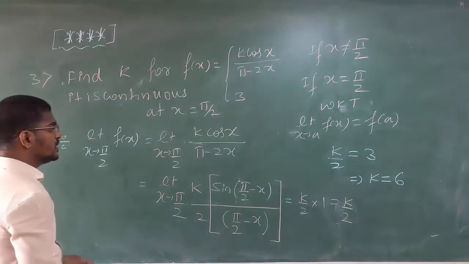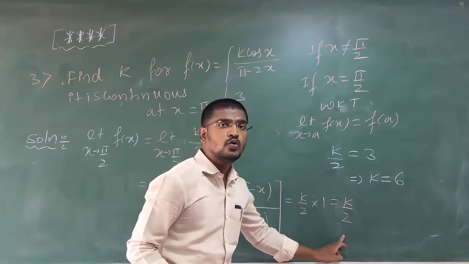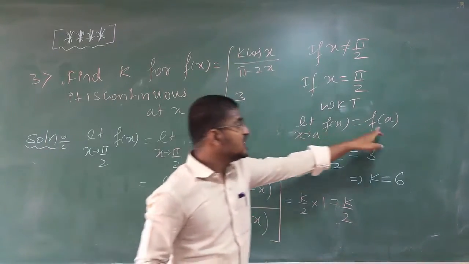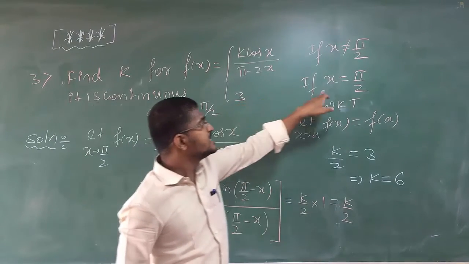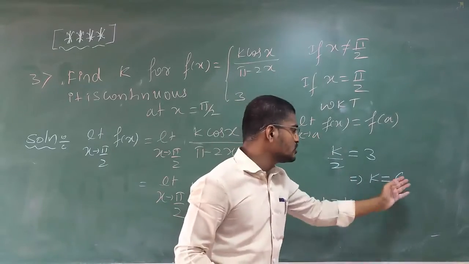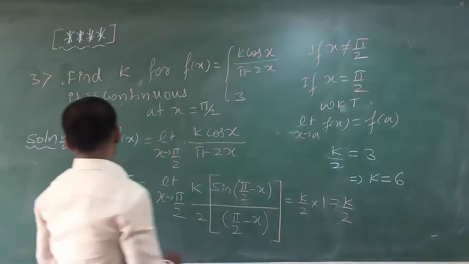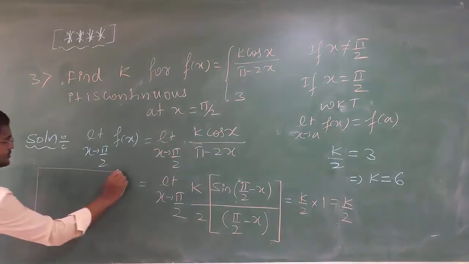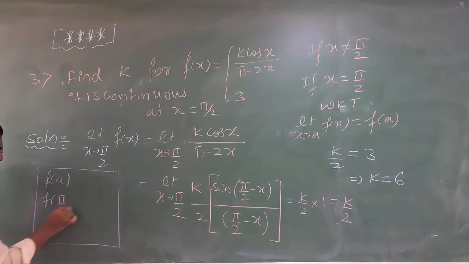Have you got my point? So the limit as x tends to pi by 2 is k by 2. The f of a term is 3 from the given function, that is at x equal to pi by 2. So it is 3. So you take 3, k equal to, you are going to have 6. If you get any confusions, here you can write f of a, that is f of pi by 2 equal to 3. Clear?